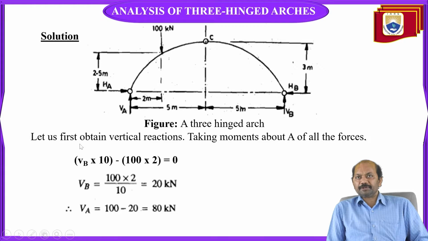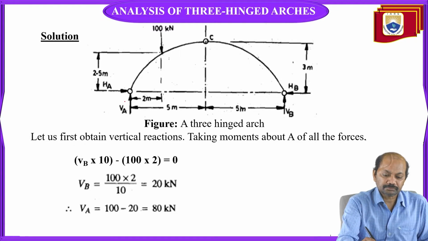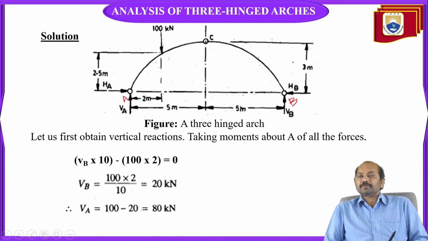Solution. Let us first obtain the vertical reactions, VA and VB. Taking moments about A. A is here. Taking moments about A of all the forces, we get this equation.